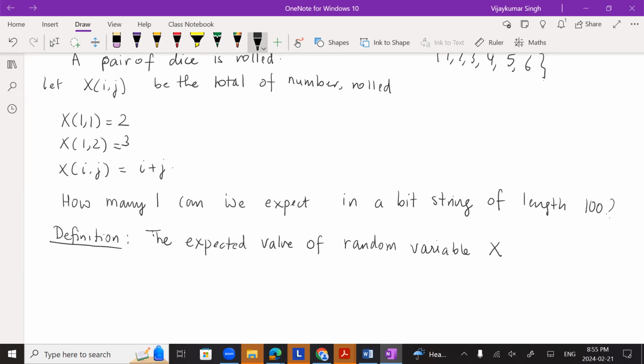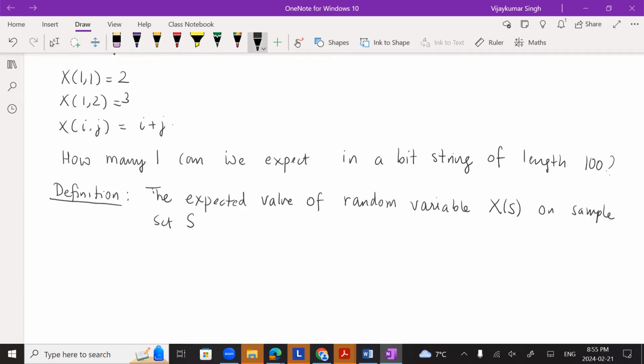I want to make sure the input of this function is S as well, just to make it clear. Do you agree that this has to do with the probability of something coming up?